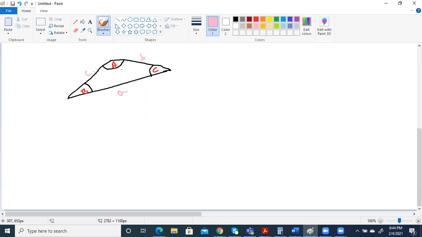Now the cosine rule, let me just tell you what it states first, and then we can have a conversation about it after. It says a squared equals b squared plus c squared minus 2bc times cosine A. All right.